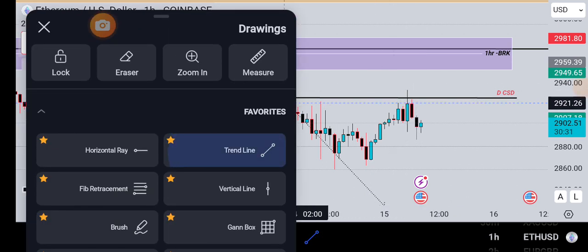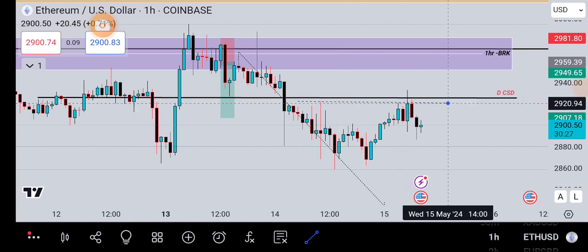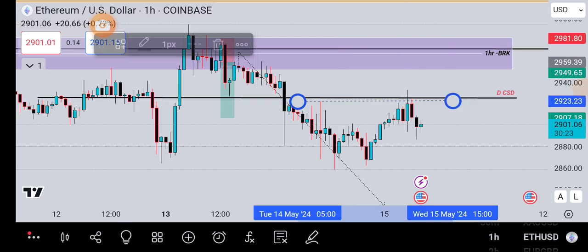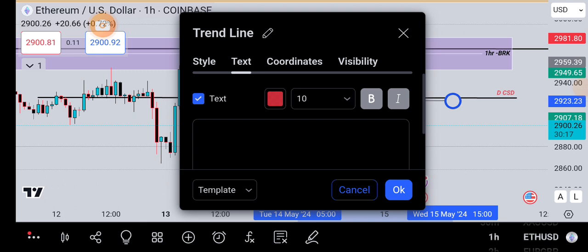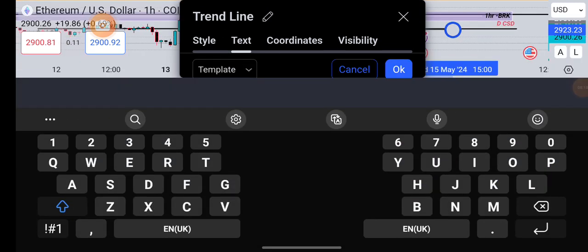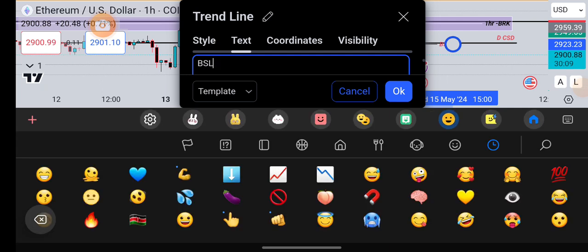So I'll label these as, there, a line, and then we have a label, we have a buy side that has been grabbed, buy side liquidity, with my emoji there.